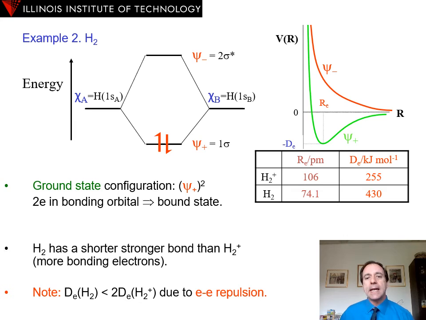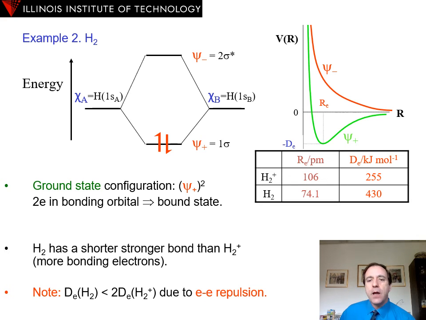So even though that second molecular orbital exists, it's not being used in diatomic hydrogen. In the inset here, we can see the difference in the energetics between diatomic hydrogen with 2 electrons and the cationic diatomic hydrogen, which just has 1 electron.